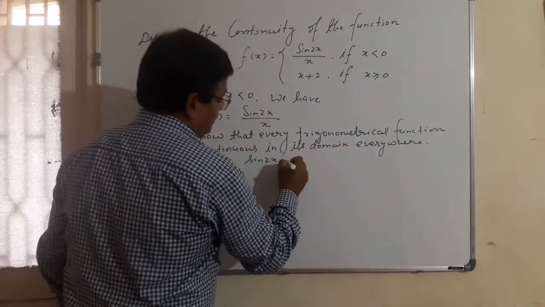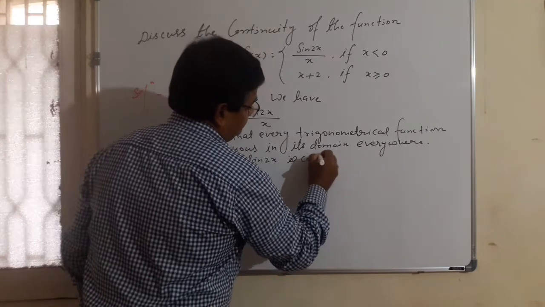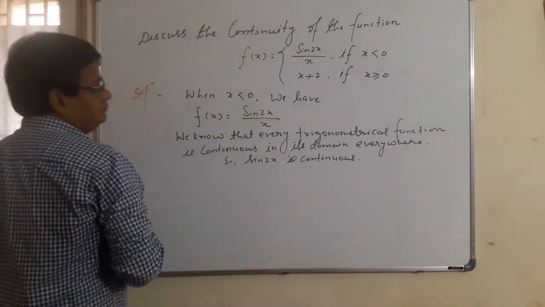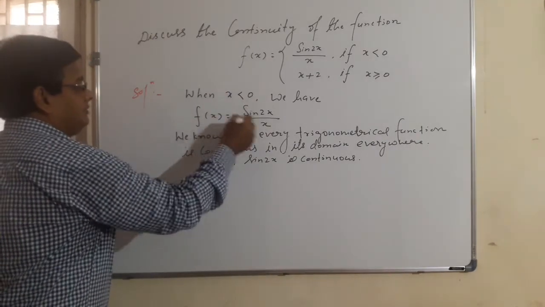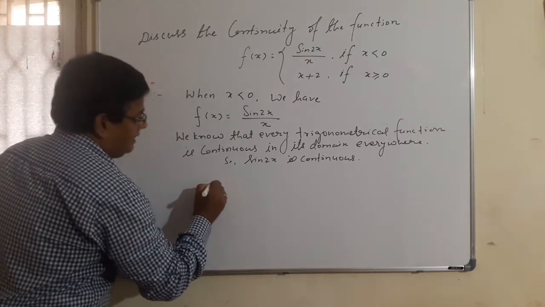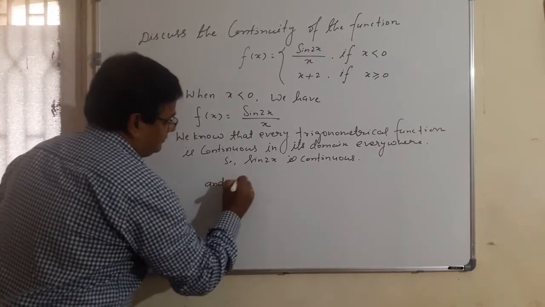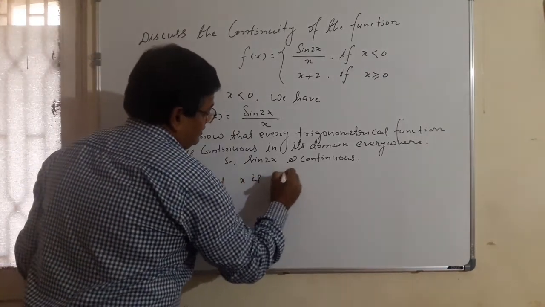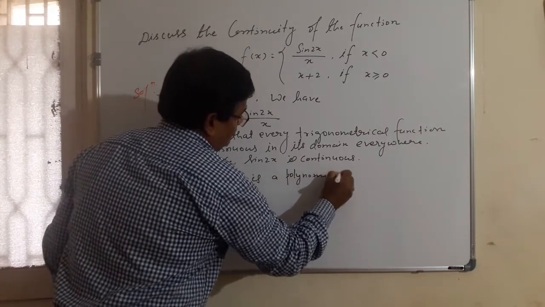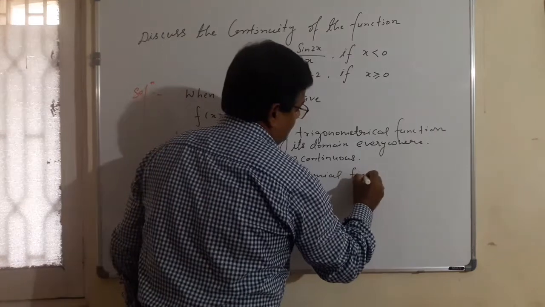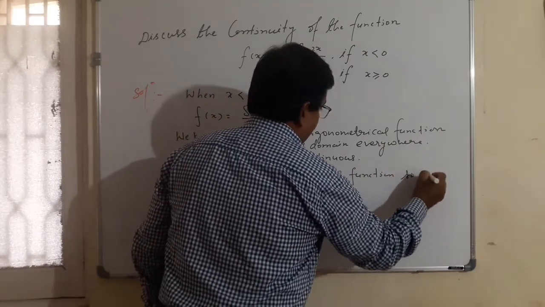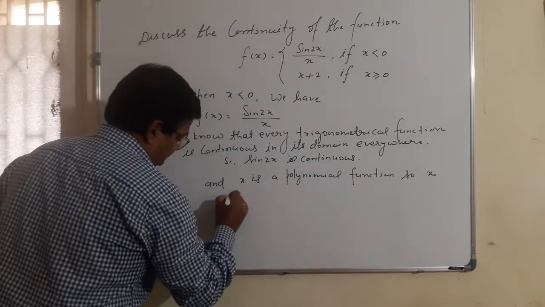Sine 2x is continuous and x is a polynomial function, so x is also continuous.